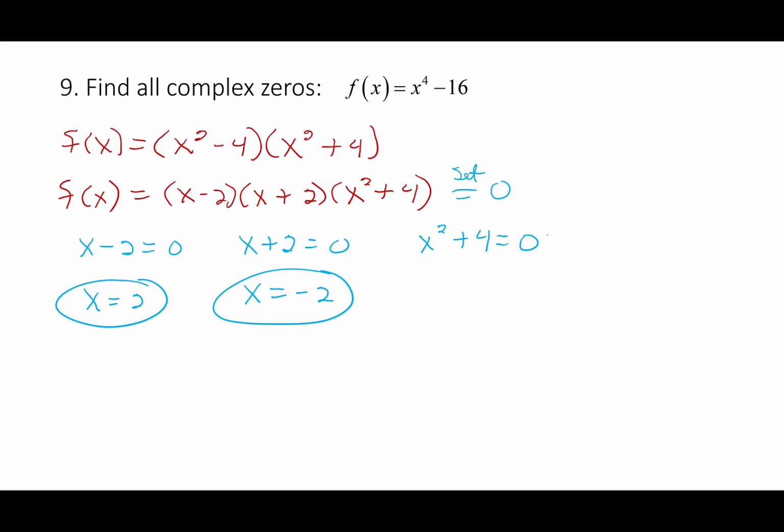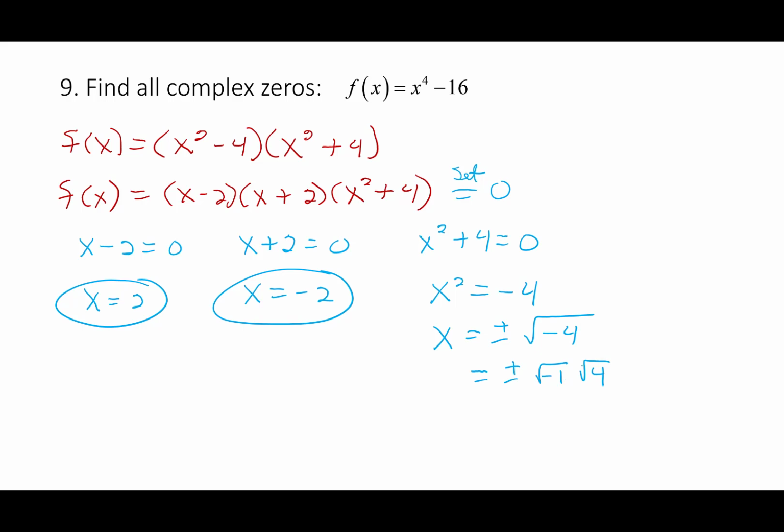And if x squared plus 4 equals 0, I'll subtract 4 from each side to give me x squared equals negative 4. Then x would be equal to plus or minus the square root of negative 4, which is plus or minus the square root of -1 times the square root of 4. That would be plus or minus i.